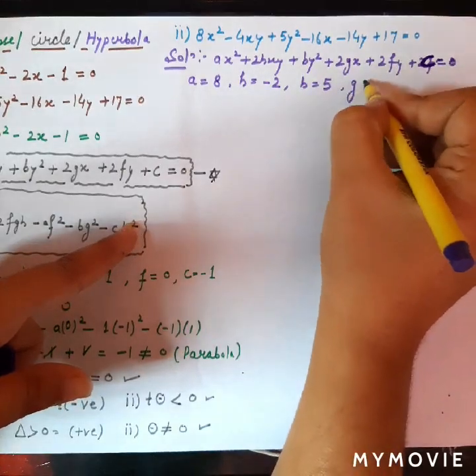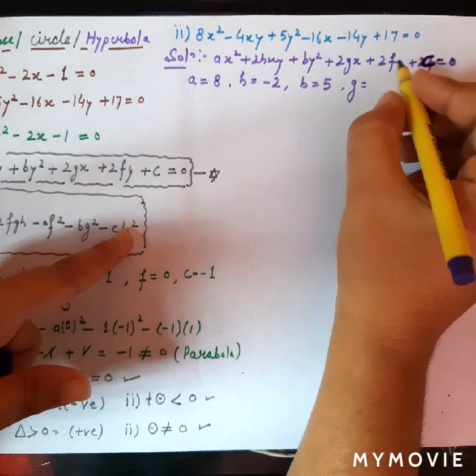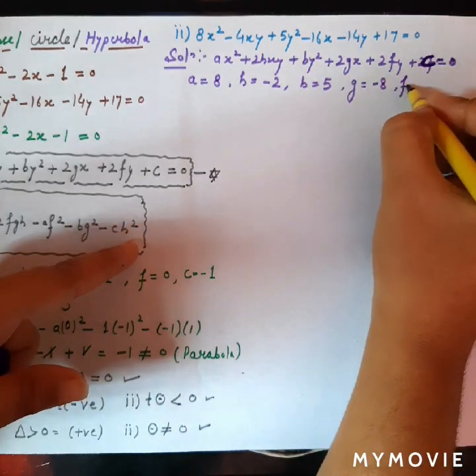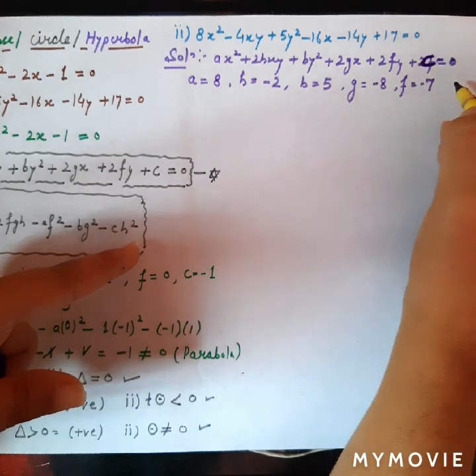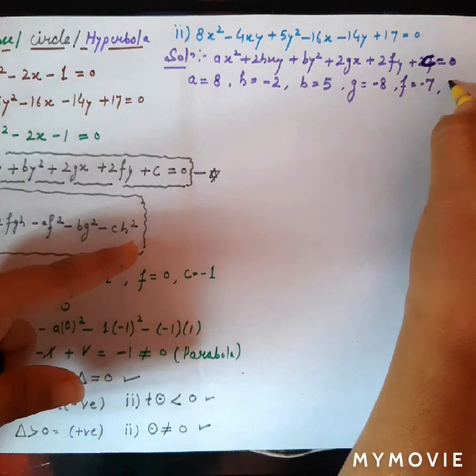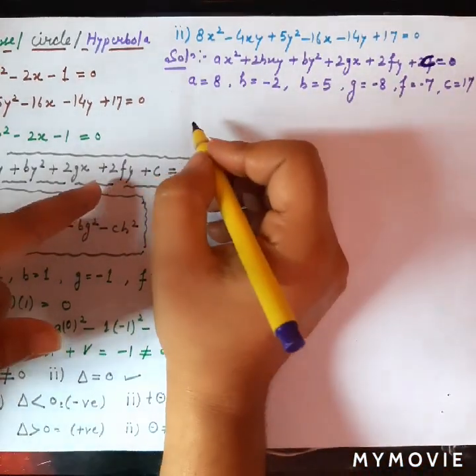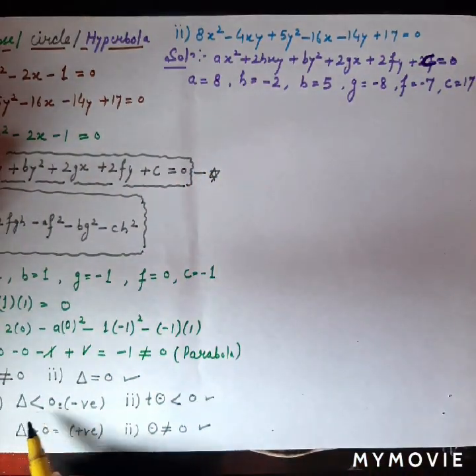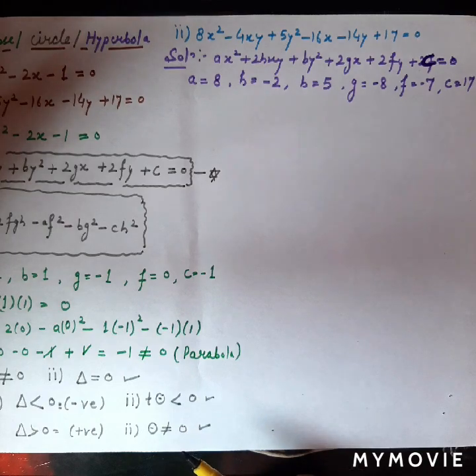The value of g is equal to -8, since 2g is -16. The value of f is equal to -7, and the value of c is equal to 17, right? Now, as we already know, we need to find the value of delta, phi, or sometimes t phi. We will see accordingly, right?